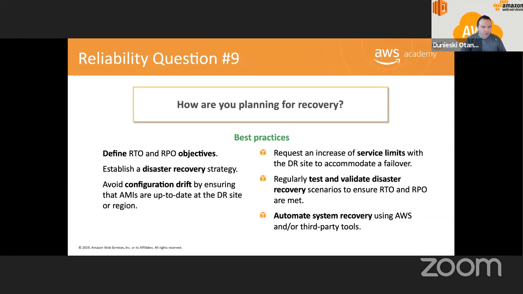Avoid configuration drifts by ensuring that AMIs are up to date at the disaster site or region. Okay, what is a drift? A drift is an incompatibility, right? So there's no match between the always-on site and the standby site. So the AMIs have to be updated. They have to be the same, so you don't have a drift, right?